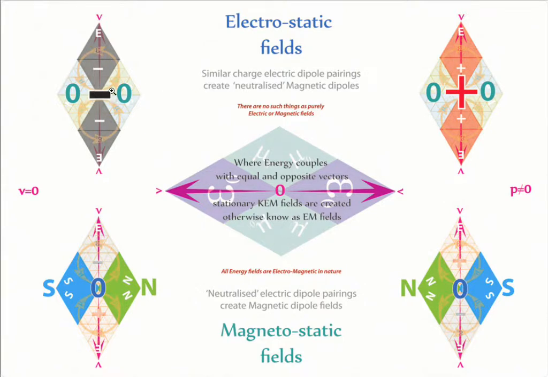Or where we have neutral fields, positive and negative charges coming together, we create magnetic dipoles. And again, the orientation of the positive and negative charges determines the orientation of the magnetic moment or the magnetic vector of the magnetostatic field.